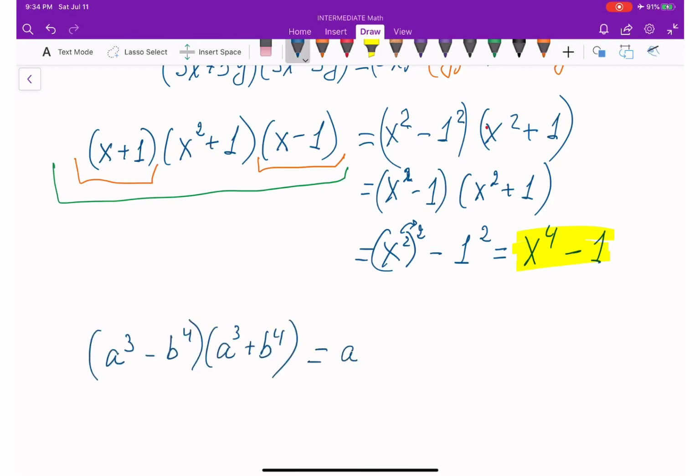A cubed to power 2 minus b to 4 to power 2. So a to power 3 raised to power 2, we are multiplying power by power. It will be a to power 6. Okay? Minus 4 multiplied by 2 will be b to power 8. Okay, we are done.